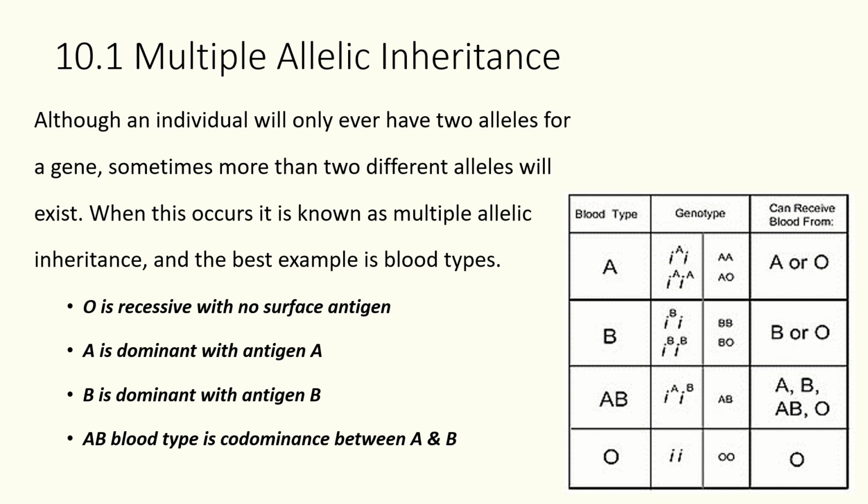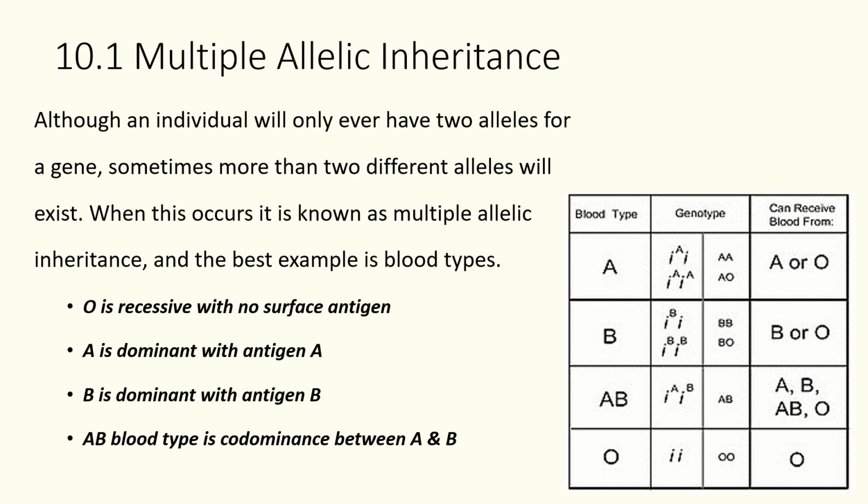Multiple allelic inheritance is not mentioned explicitly in the syllabus, but the definition of polygenic inheritance in the syllabus is confusing and potentially incorrect. So we include it anyway. And the most common example, and probably the only example you're likely to see, is blood type.